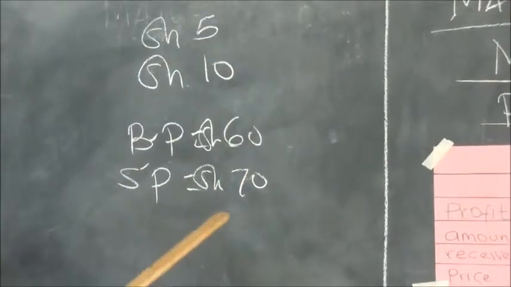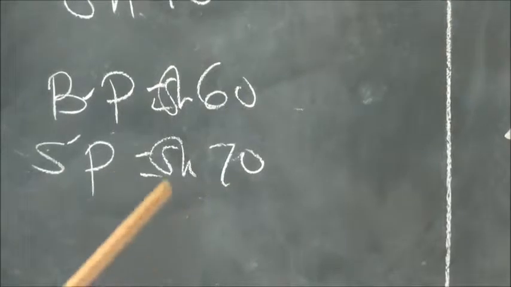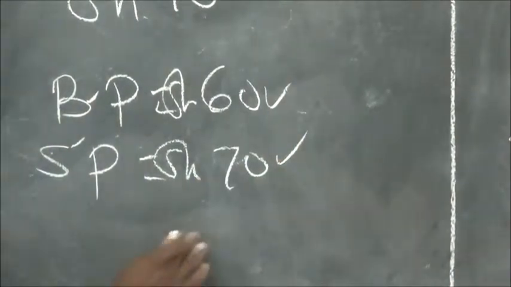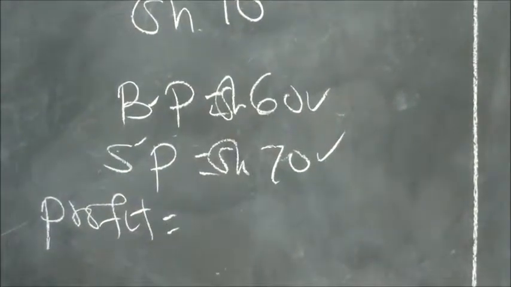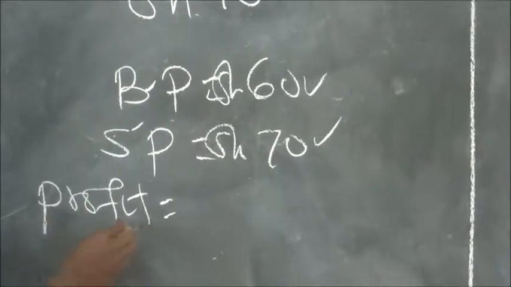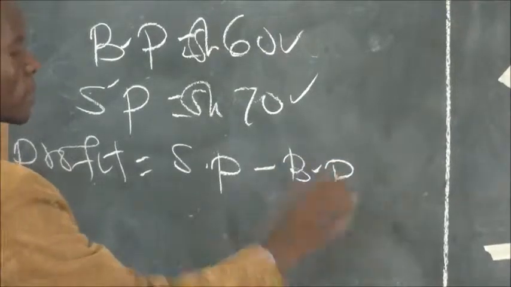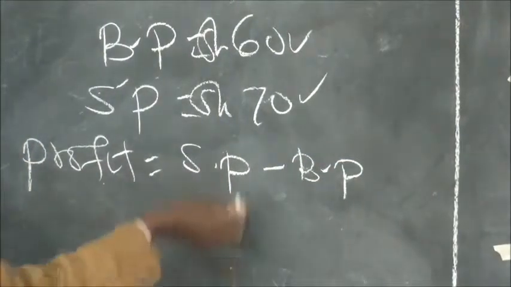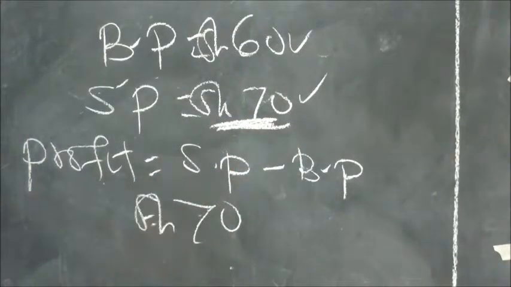Therefore, class, we are able to identify the buying price and the selling price from the statement. Now, once we have these two, we can move to the next step, where we apply the formula that we just learned: profit is equivalent to selling price take away the buying price. So our selling price here is 70 shillings, so you come and write 70 shillings there.